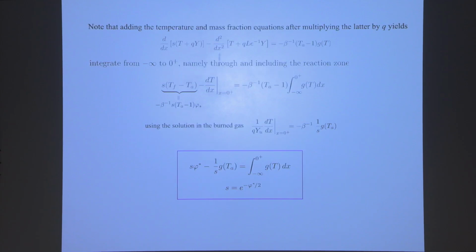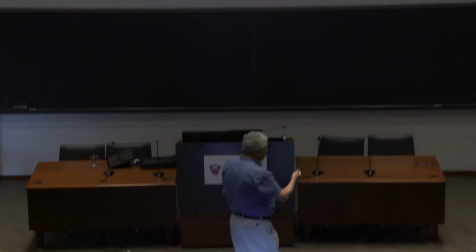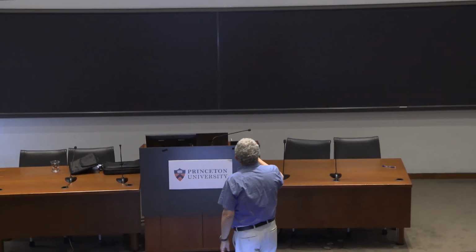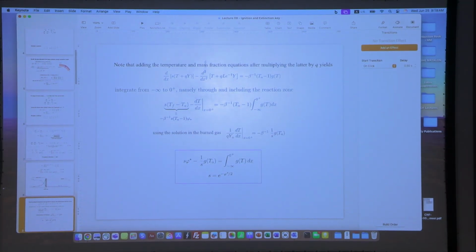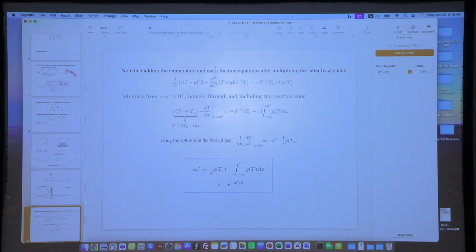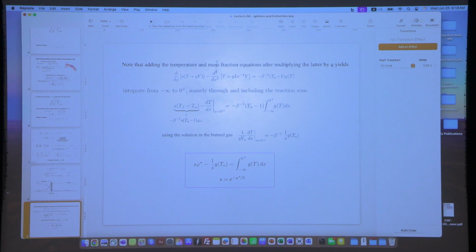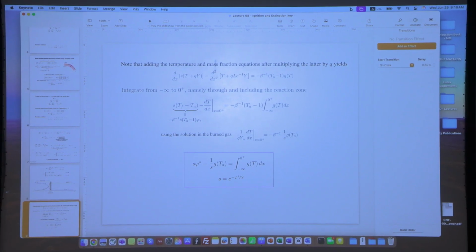So we want to evaluate the flame speed and the flame temperature. We go back to that relation that I mentioned earlier, which is obtained by combining the T and Y equations and eliminating the reaction term. And we integrate from... oops, I did something wrong. Sorry about that.